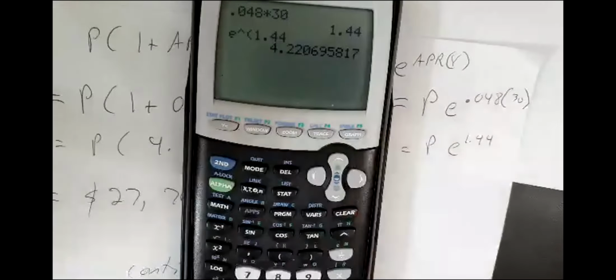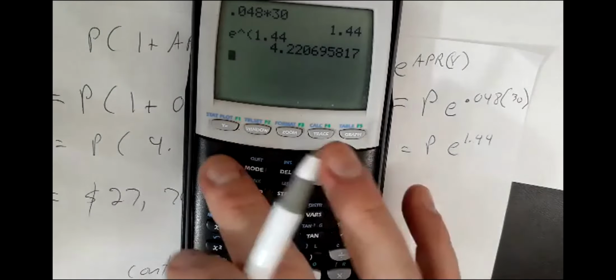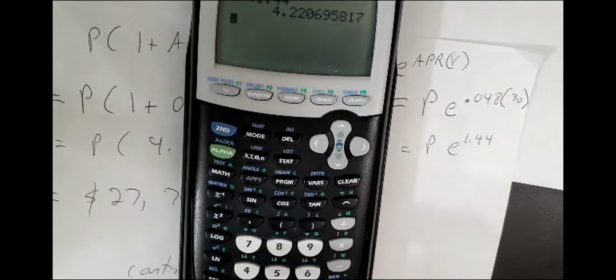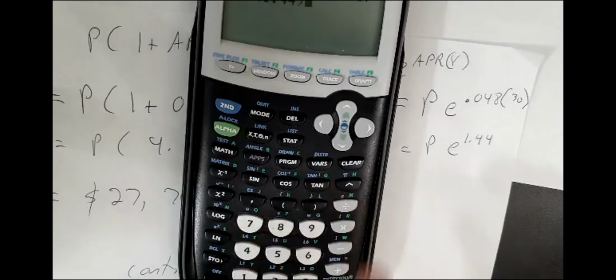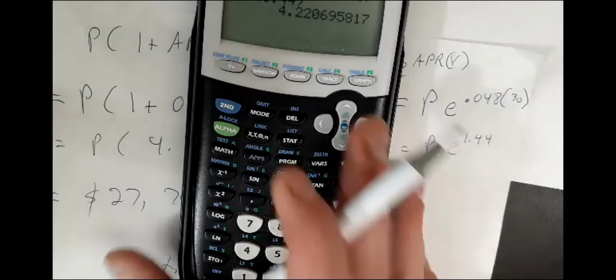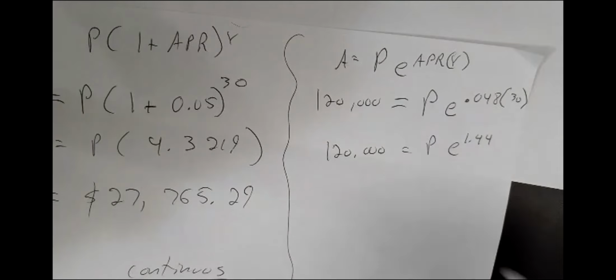This is the thing you're absolutely going to need a calculator for. We have to evaluate e to the 1.44. It is the lowercase e on your calculator. There is a difference between uppercase and lowercase. Remember, the uppercase is things like scientific notation. The lowercase is the opposite operation of the natural log. We're going to get something like 4.22, in that ballpark.